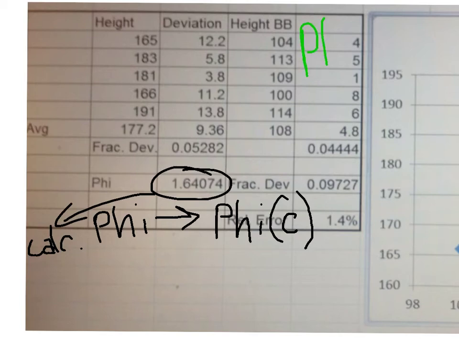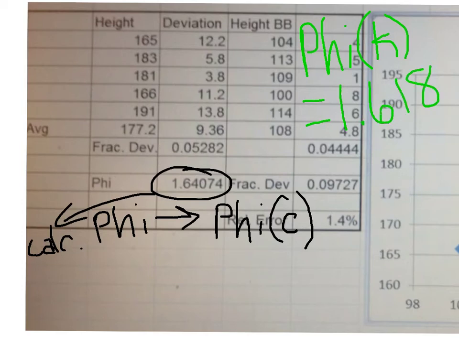And if you remember, the known phi, which I'm going to call K for known, is equal to 1.618. So I've got my two values here: the 1.618, which is my known phi, and my calculated phi, which is this 1.64.